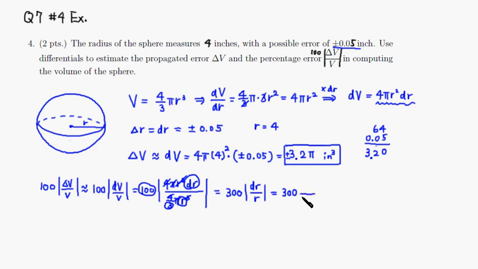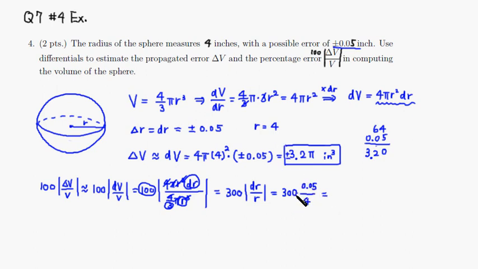So you have 300, and on the bottom you have r, which is 4. Then dr is 0.05 with the absolute value sign. So I'm going to go ahead and multiply.